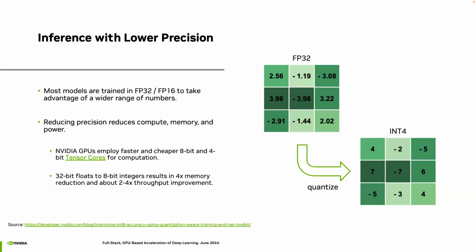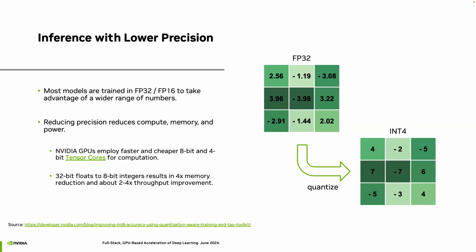But when it comes to inference, if we represent the model using lower precision, for example 8-bit or even 4-bit, the model size can be reduced and the inference can be accelerated a lot. As an example, if we convert the 32-bit model to 8-bit integers, it results in 4 times memory reduction and about 2 to 4 times throughput improvement, supported by the NVIDIA Tensor Core.